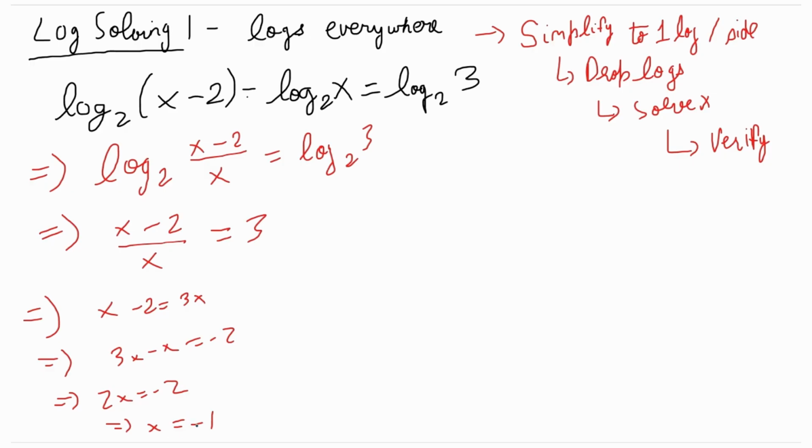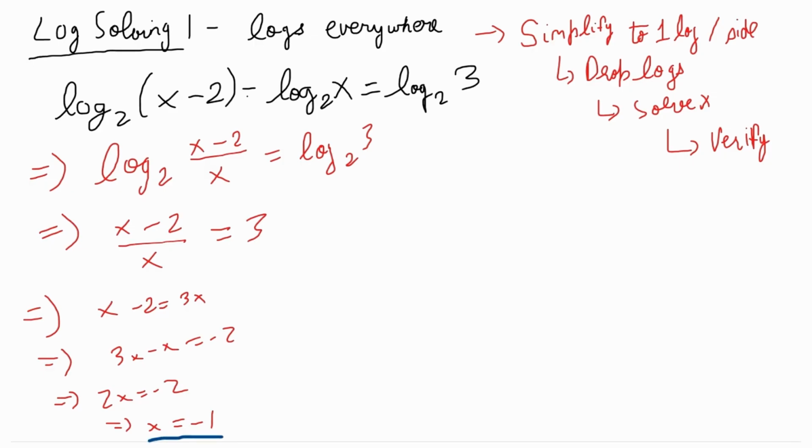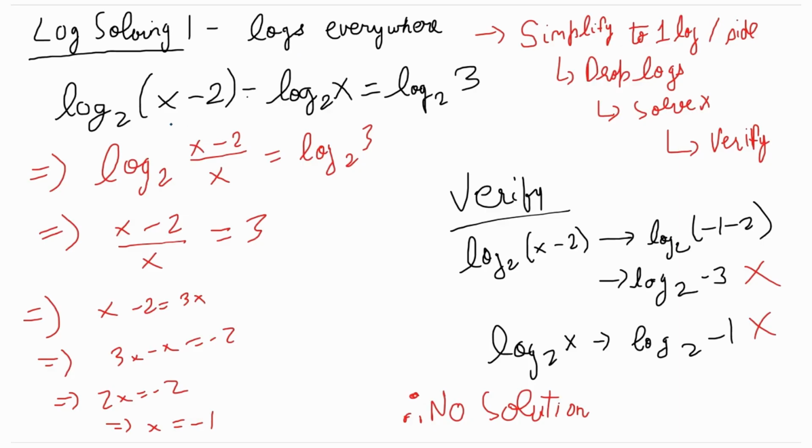And we get x equals -1. But we have to verify our arguments. By that, I mean these arguments. Wherever there's an x inside a log, we have to verify to make sure it's not negative. Well, if we plug -1 in for the first one, we get -1 minus 2, which is -3. For the other one, it's also -1.